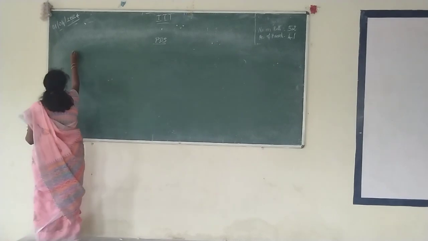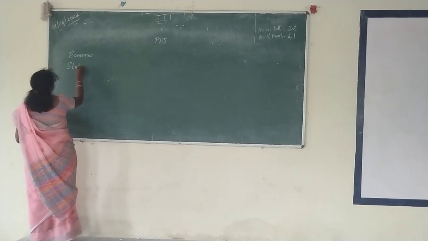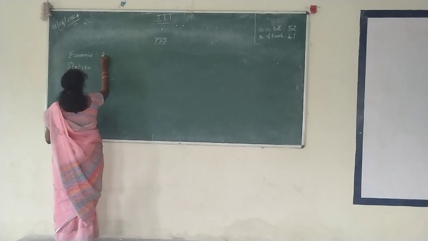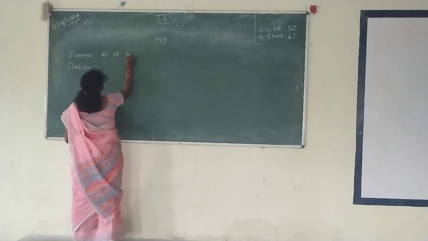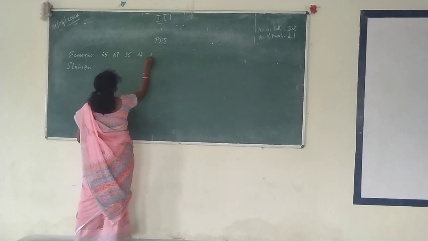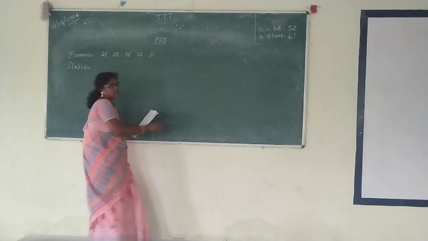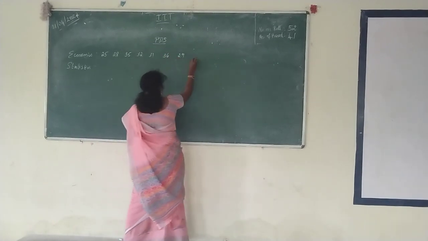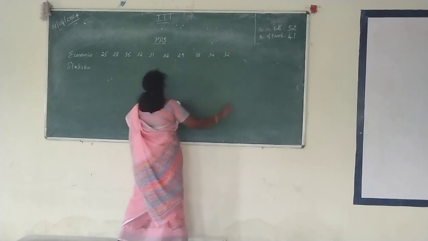You are given the marks in economics and statistics. For economics, the marks are 25, 28, 35, 32, 31, 36, 29, 38, 34, 32.